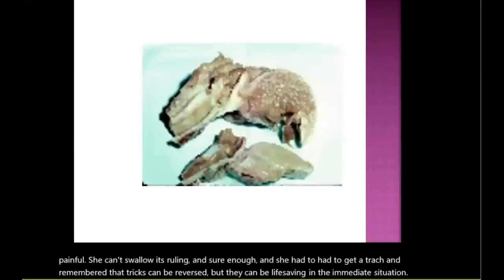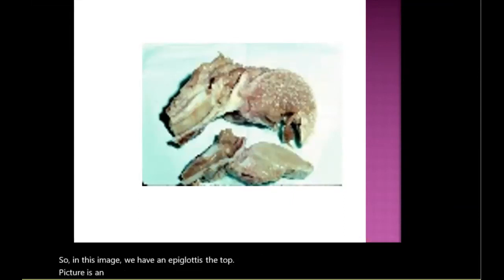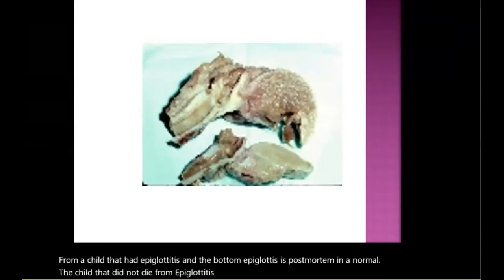So in this image, we have an epiglottis. The top picture is an epiglottis post-mortem from a child that had epiglottitis. And the bottom epiglottis is post-mortem from a child that did not die from epiglottitis, and they had a normal sized epiglottis.